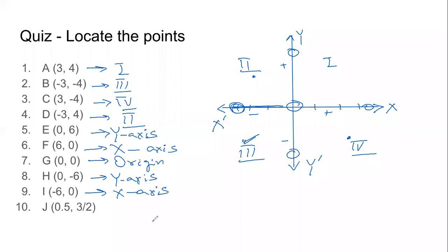And J (0.5, 3/2). Why should you be worried about decimals and fractions? 0.5 is a positive number. 3/2 is also positive. So clearly this will be in the first quadrant, no doubt at all.